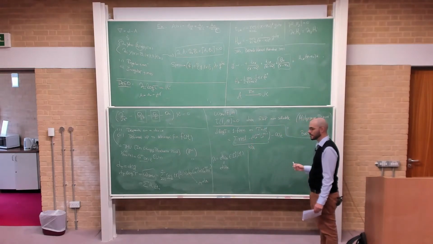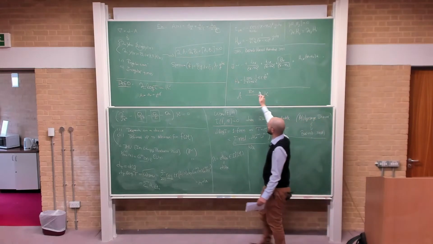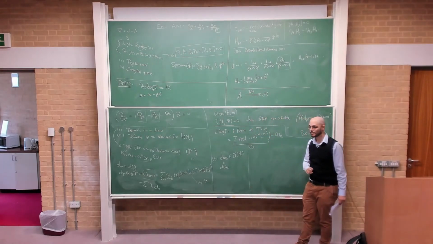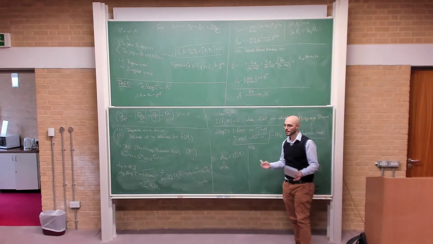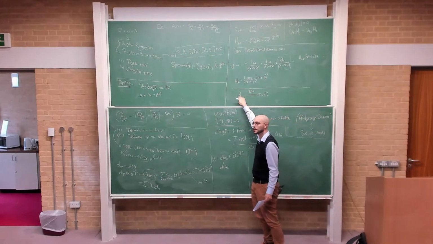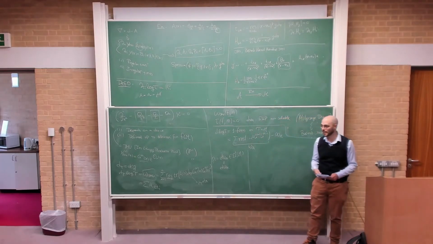But this actually leads to a very nice geometric interpretation of the tau function, because let's go back here. Here you have a moduli space of flat connections. Here you have the monodromy space. These are both symplectic varieties. There's the Atiyah-Bott symplectic form here, and there's the Goldman symplectic form here.